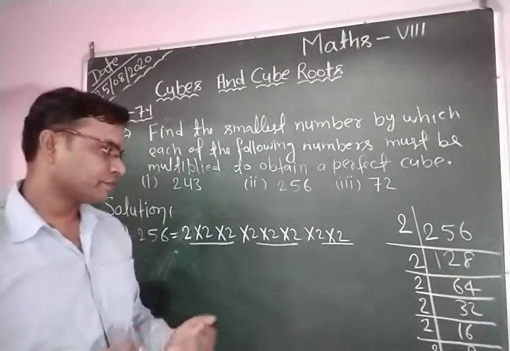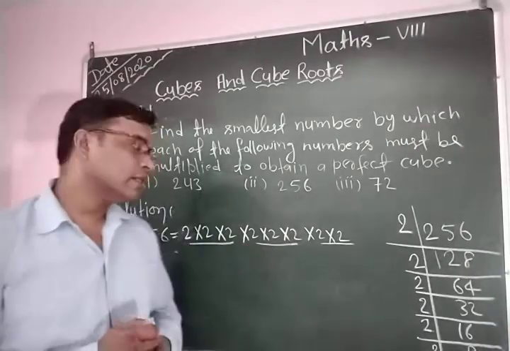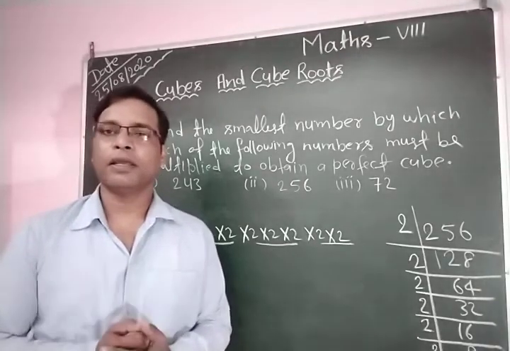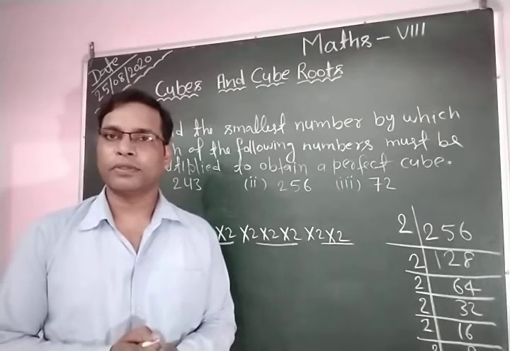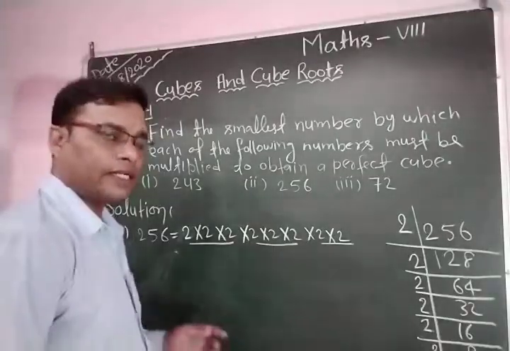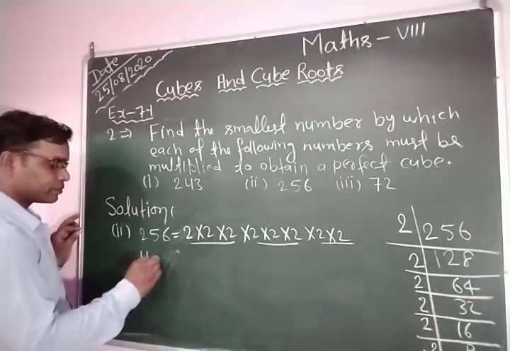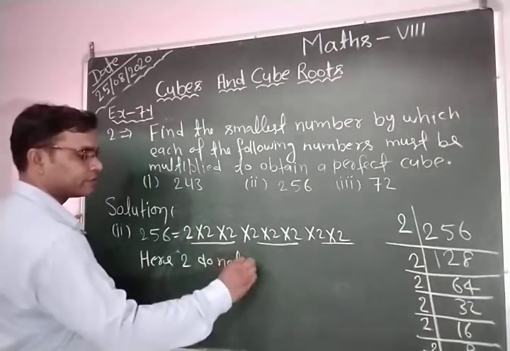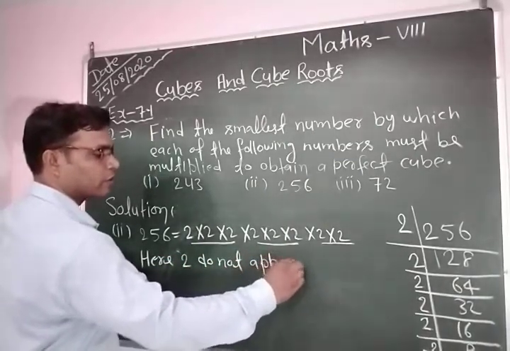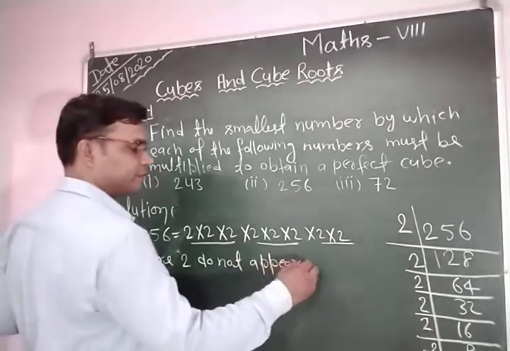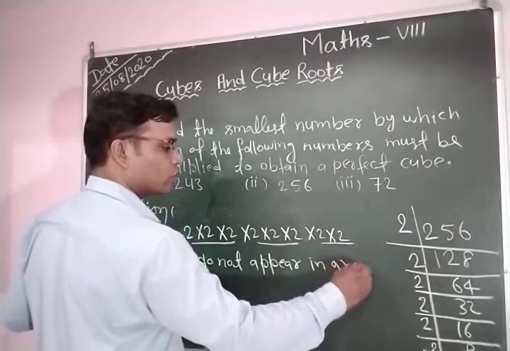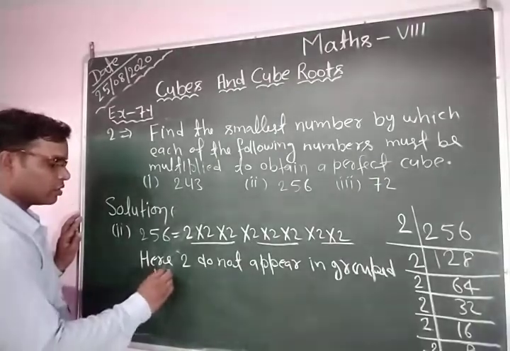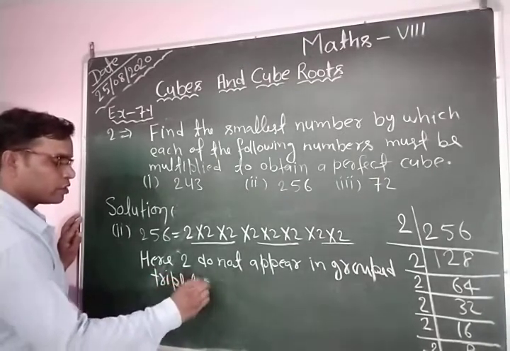So we can write here, if you multiply the given number 256 by 2, then it becomes a perfect cube. So here we write: 2 does not appear in a group triplet.